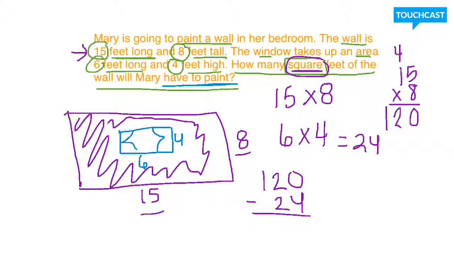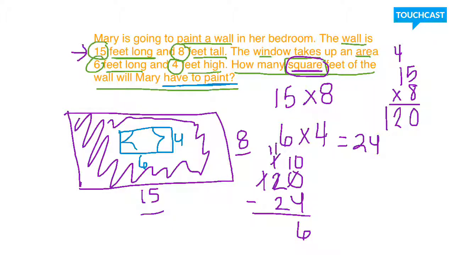And then, remember, don't forget our basic simple subtraction. I cannot do 0 minus 4, so I'm going to have to regroup from my 10s. That becomes a 1. Now I have 10 ones. 10 minus 4 is 6. Then I cannot take away 2 from 1, so I'm going to have to regroup again.